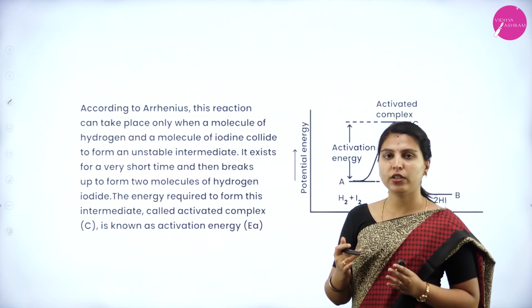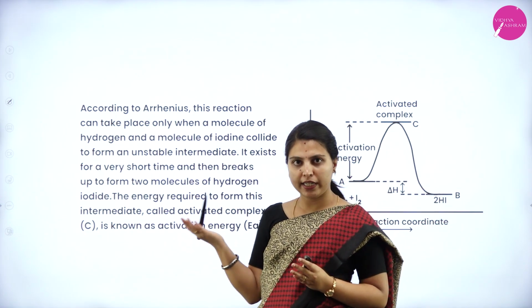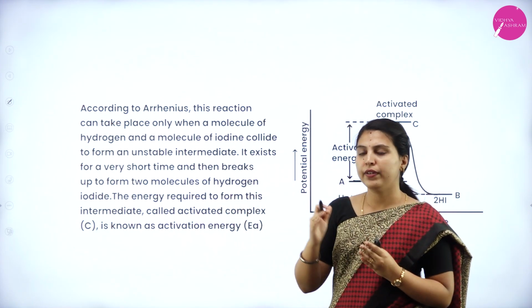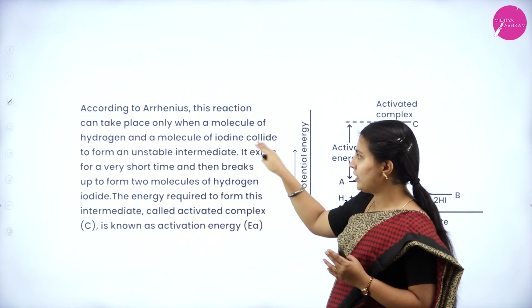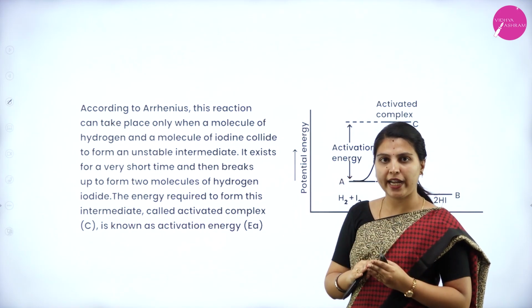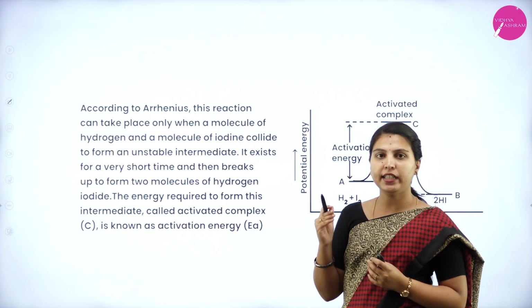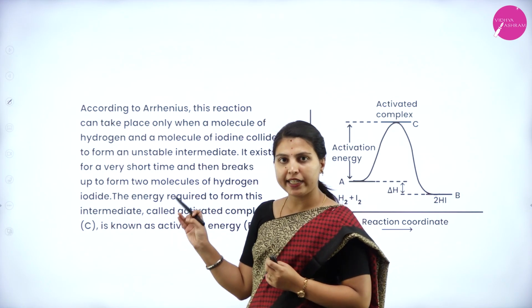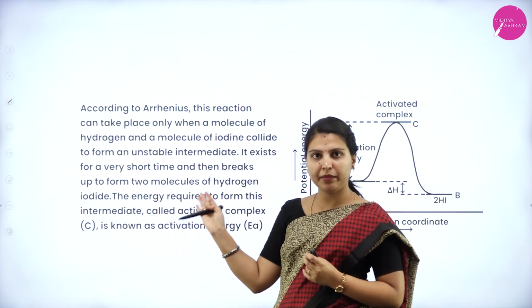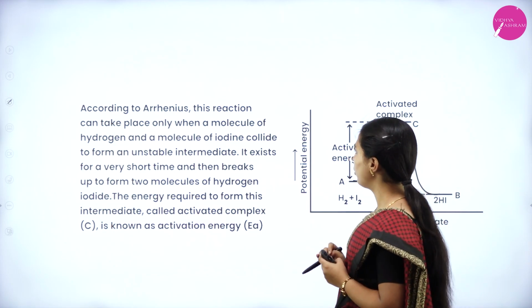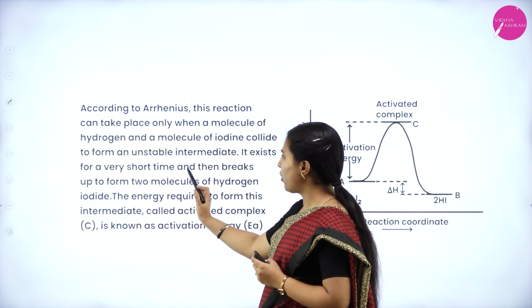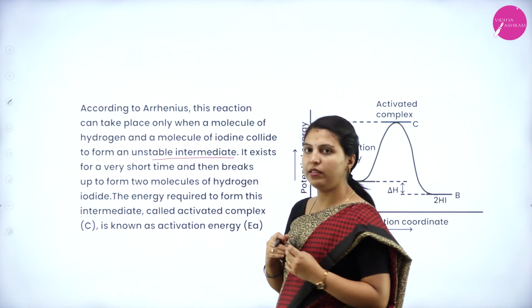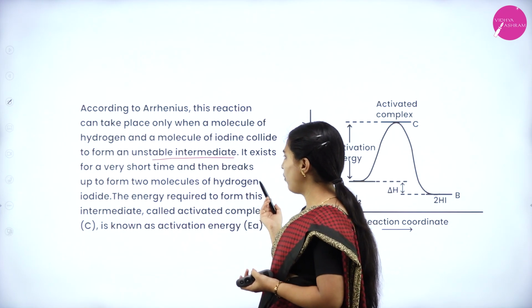Here hydrogen and iodine are reactant molecules, and they form an unstable intermediate, and later it forms the activated complex. This unstable intermediate exists for a very short time, and then it breaks up to form molecules of hydrogen iodide.